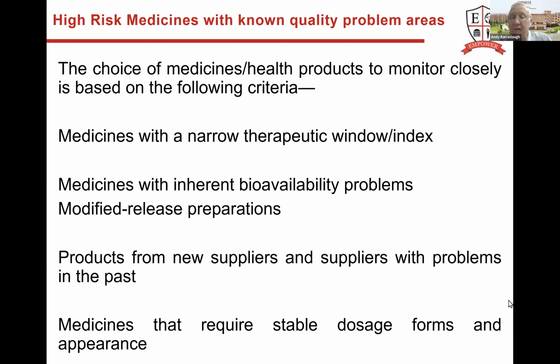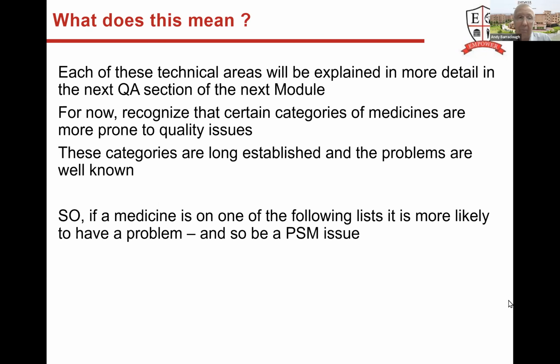If it's in those areas, it's one of the high-risk medicines. We'll talk a lot more about each of those areas and explain more detail about them in the next module. For now, it's enough to recognize there are certain categories of medicines which are more prone to quality issues than others. These categories are long established and the problems are well known. So if the medicine is on the list, we should suspect immediately that there could be a PSM issue.